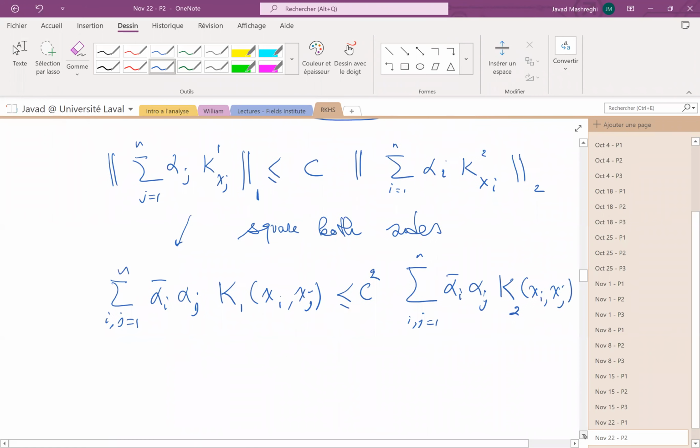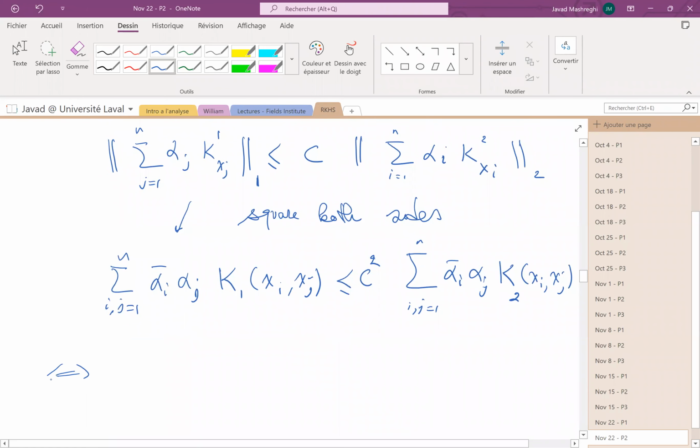And this is precisely the meaning of k1 being less than or equal to a constant times k2. And you see the constant C equal to the norm of T works.